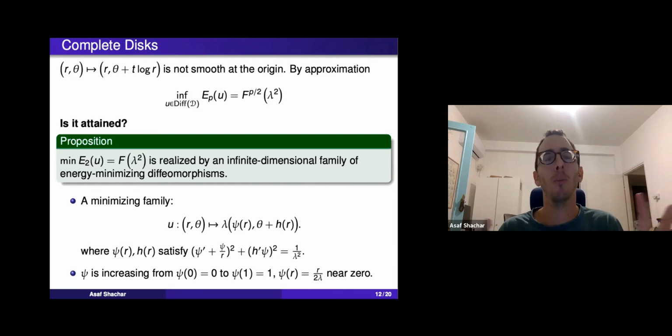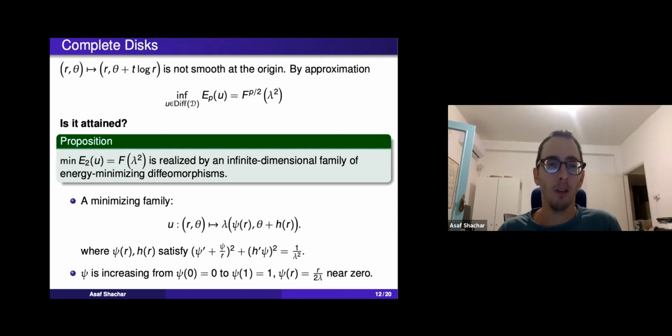So we consider now a slightly more generalized kind of map. (r, θ) goes to (ψ(r), θ + h(r)). So each circle of radius r gets mapped onto a circle of radius ψ(r), and with the phase depending on r. But now ψ is not the identity, it's not linear.